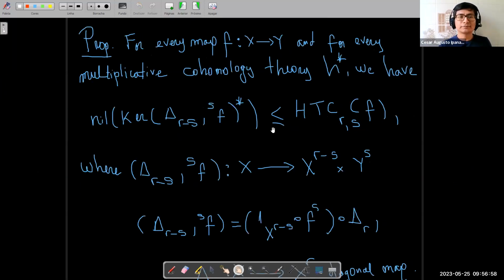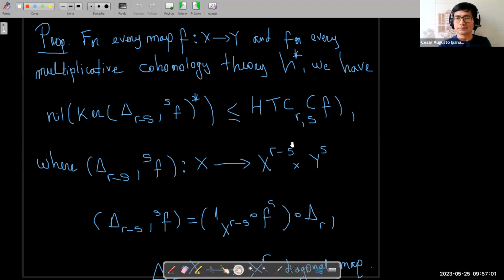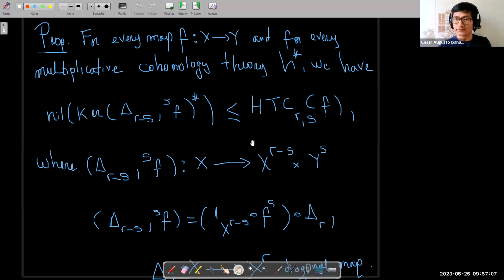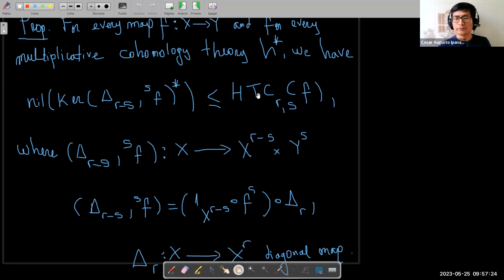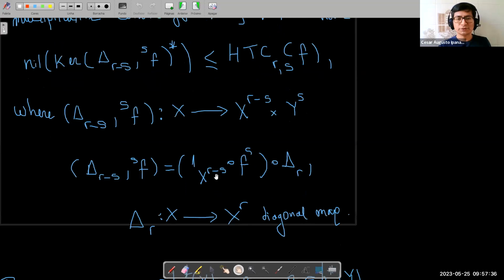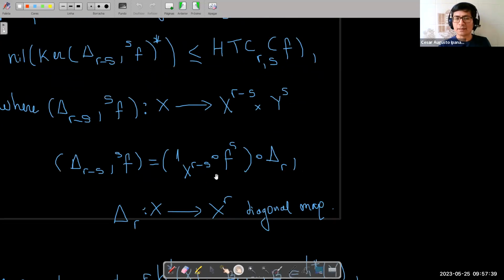Another estimate: it is very classical to obtain an estimate in terms of cohomology theory. For our situation, we obtain an estimate. We consider any map f and any multiplicative cohomology theory. We have that our homotopy TC is greater than or equal to the Nielsen index of the kernel of this map, which is this composition, where here is the diagonal map.